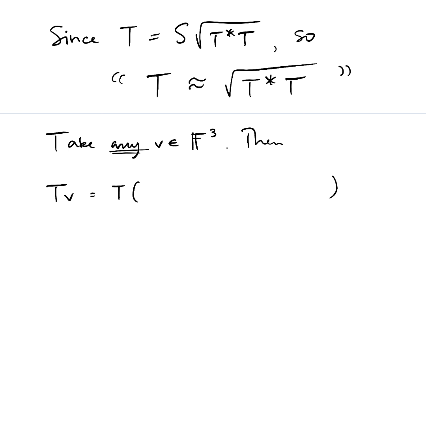Remember, root T star T has a diagonal matrix with its eigenvalues down the diagonal. So there's a basis of eigenvectors for root T star T. Say those eigenvectors are e1, e2, e3. Okay. In our example, it's the standard basis, but in general, there will be some basis.